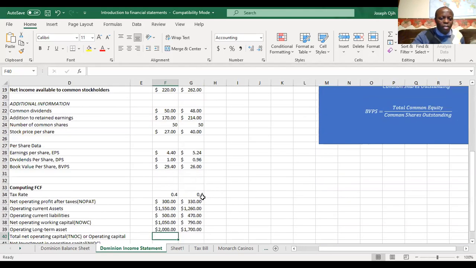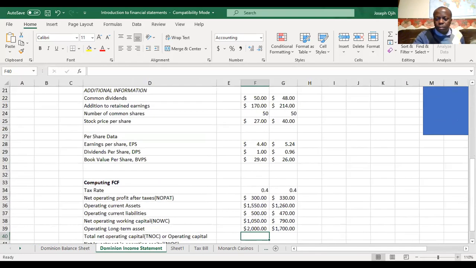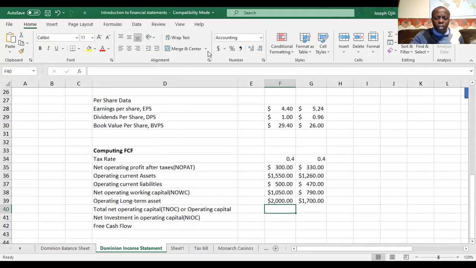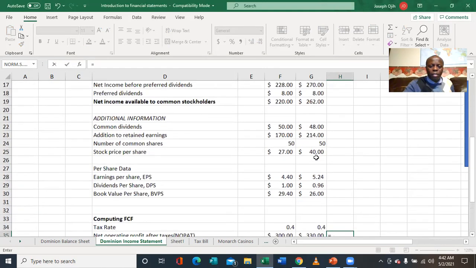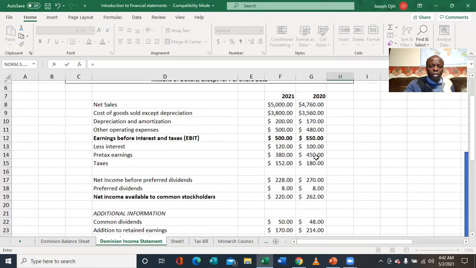Tax rate is 40%. So the NOPAT, I've already calculated it here, but I want to show you so you can see how I got it. We calculated it last week when we were doing the cash flow. So you have equals earnings before interest and taxes, which is right here.